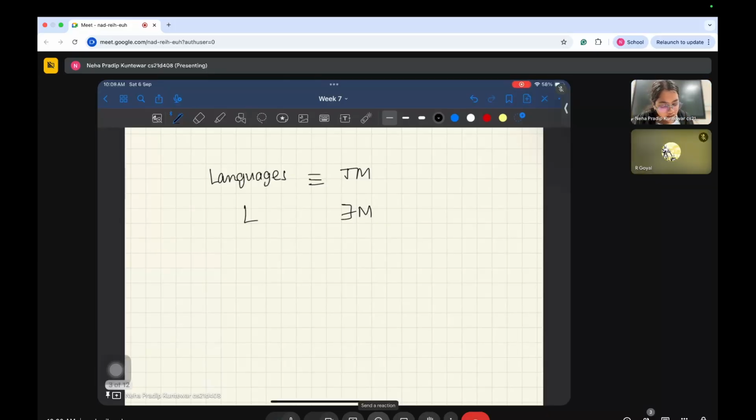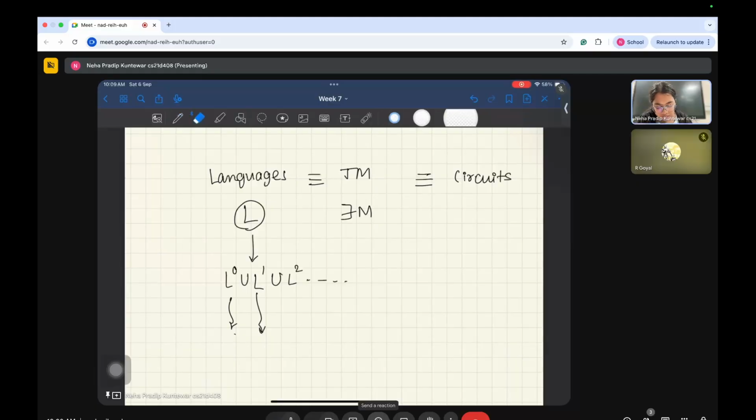Okay, and similarly, we saw in the beginning, one or two lectures earlier, that Turing machines and circuits are equivalent in terms of computation, in the sense that you can think of a language as a union of these. We wrote it like this, and then for each of them we had a function, or a circuit.